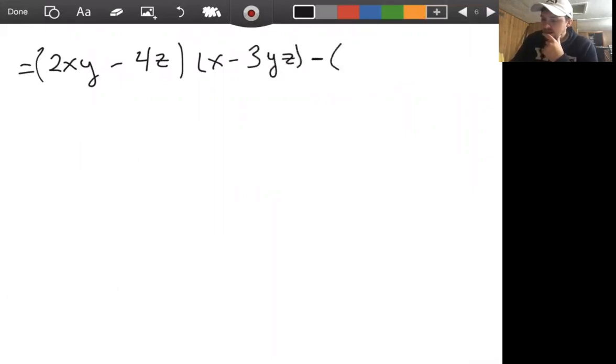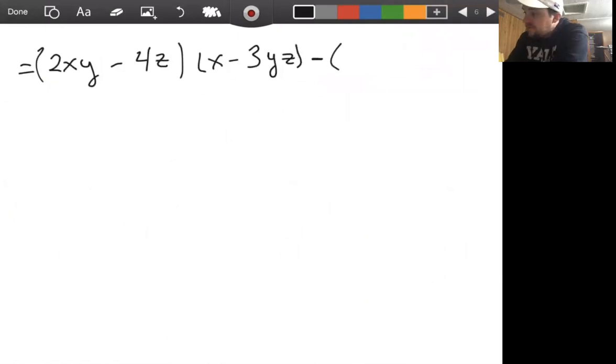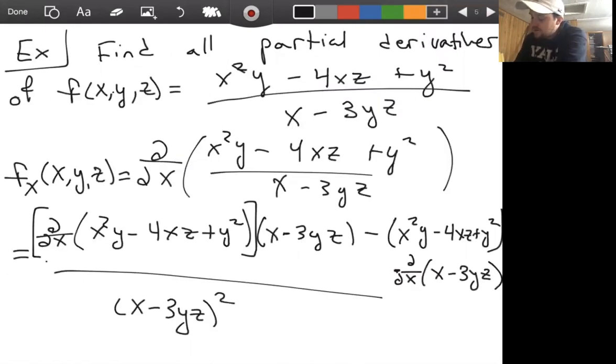And then that was minus the numerator of the function, which was x squared y minus 4xz plus y squared, right? And then this was times the derivative with respect to x of x minus 3yz.